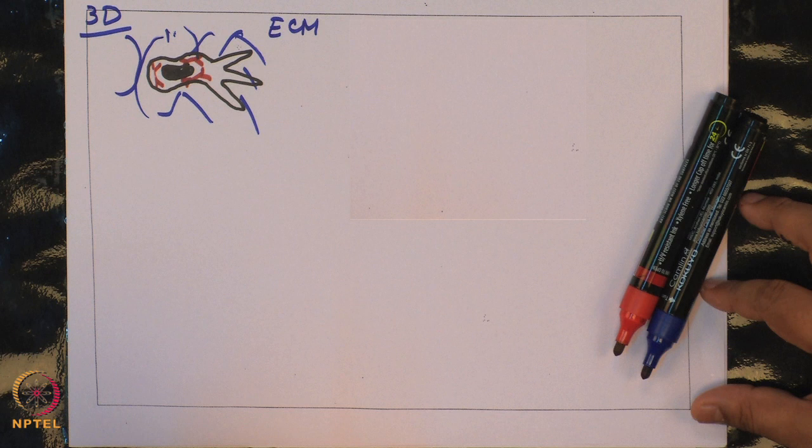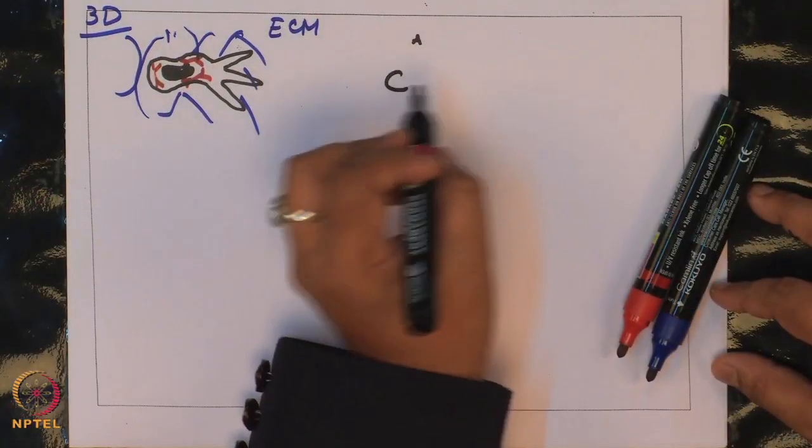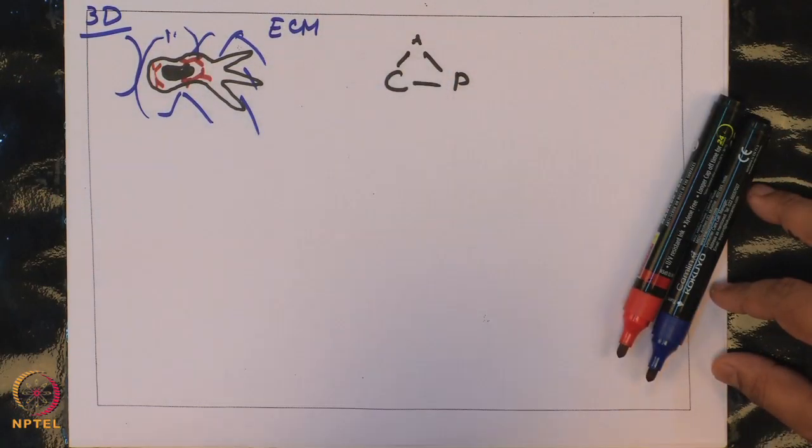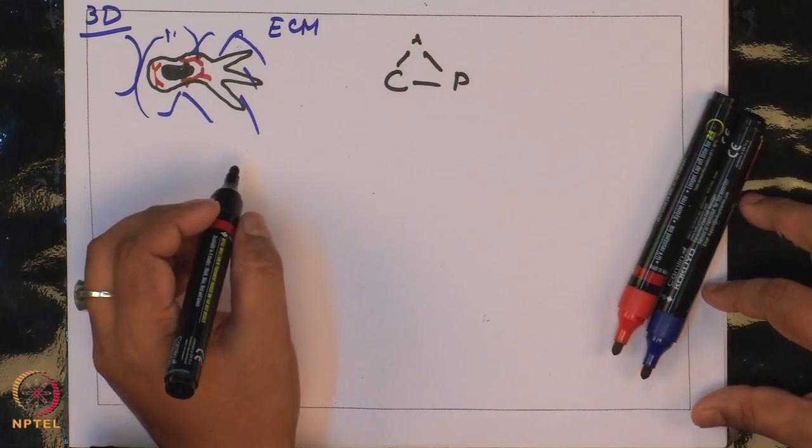Now, this is on 2D surfaces. In a 3D context, you can have various different situations. What I am drawing around the cell is 3D, that means within interstitial matrices. You can have this kind of migration where adhesion is small, and contractility and protrusion are large. This is one type of migration.